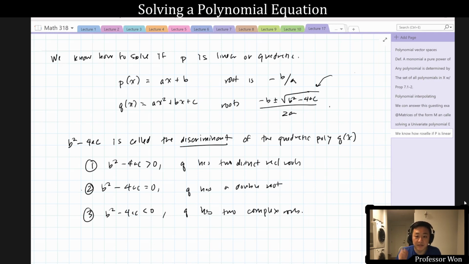And there's a very deep result in modern algebra, which says that for degree 5 and higher, in general, you can't hope to solve a general quintic using finitely many steps involving just addition, multiplication, subtraction, division, and taking nth roots. So today, we're going to learn a linear algebra perspective on how to think about solving a polynomial.